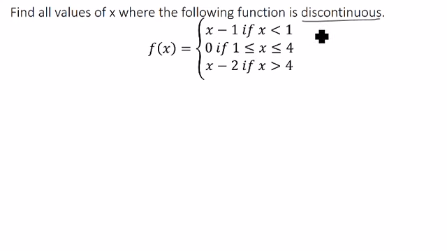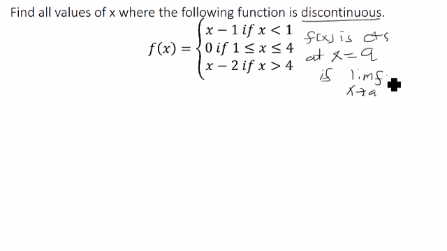So just a quick recall of what the continuity of a function means. f of x is continuous at x equals a if the limit as x goes to a of f of x equals f of a. But the limit itself involves the left hand limit and the right hand limit.